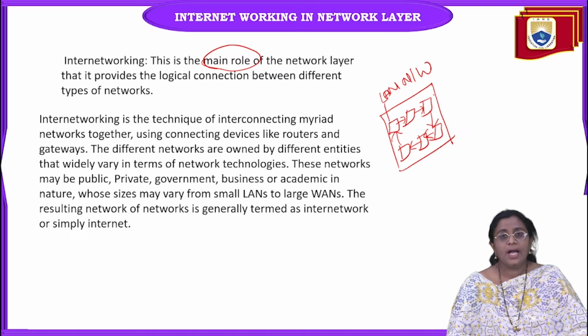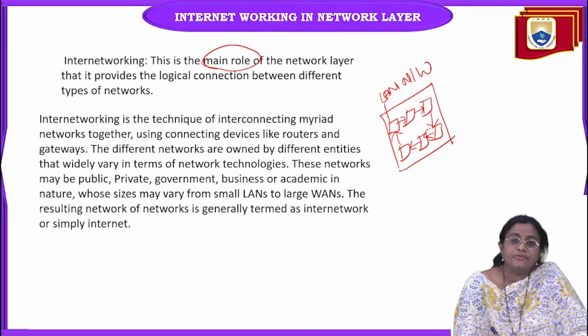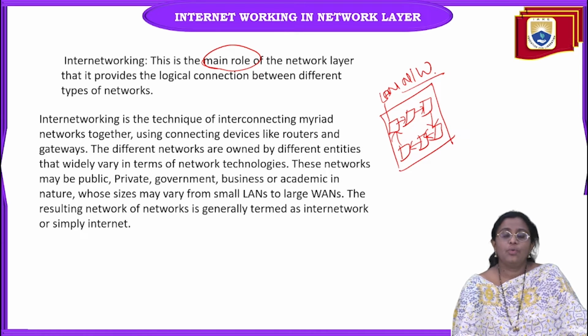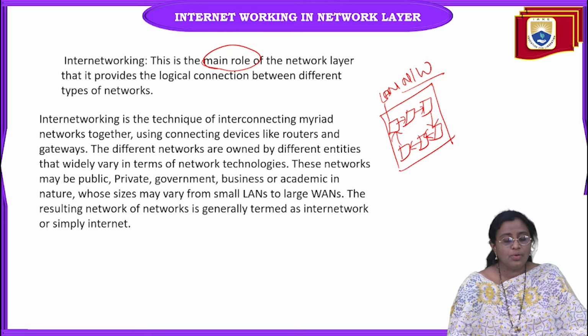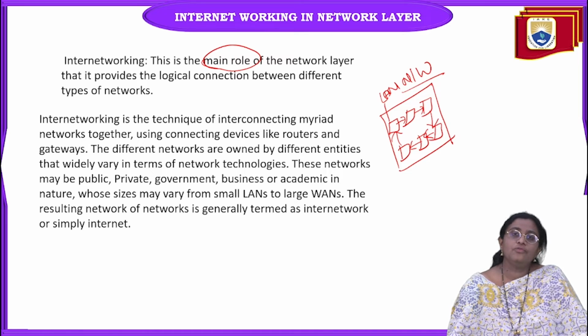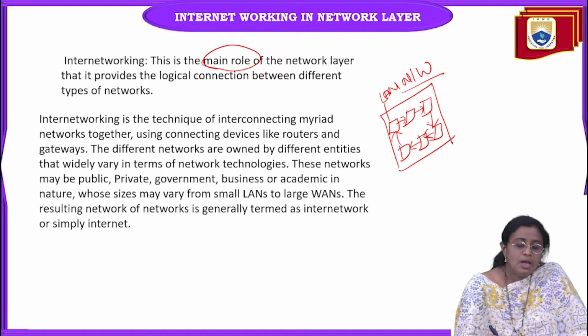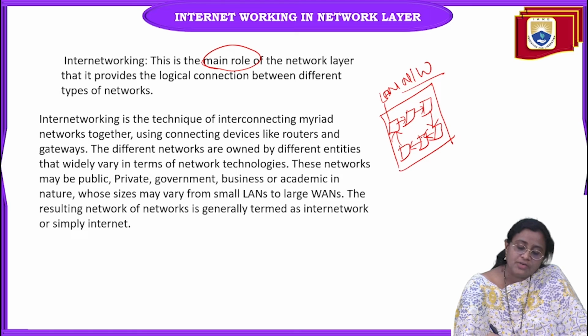We can connect those systems by means of internet working under the network layer. This is the main role of the network layer, which provides a logical connection between the different types of systems by means of different types of networking under the network layer.